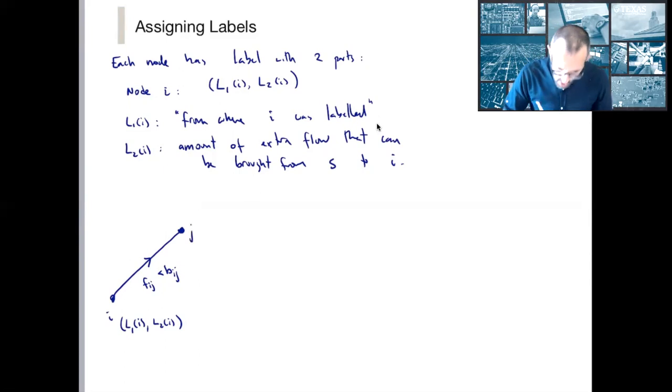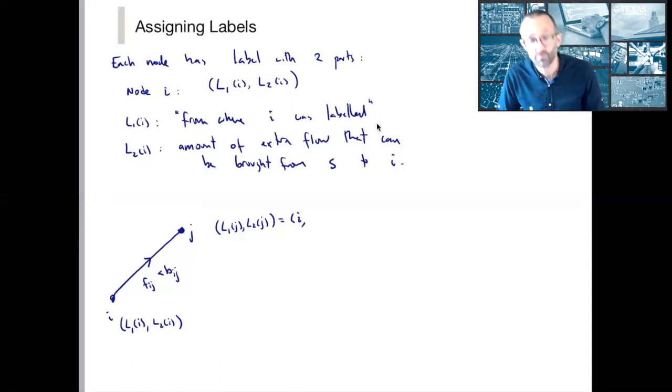Then how is node J labeled? Well, L1 of J, L2 of J is equal to, J was labeled when I was scanned, so that's an I. And how much additional flow can be pushed through? Well, however much extra capacity we have.